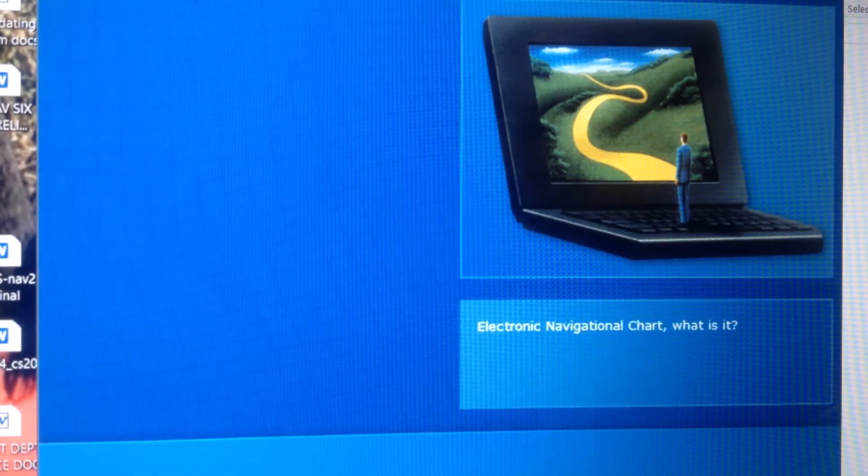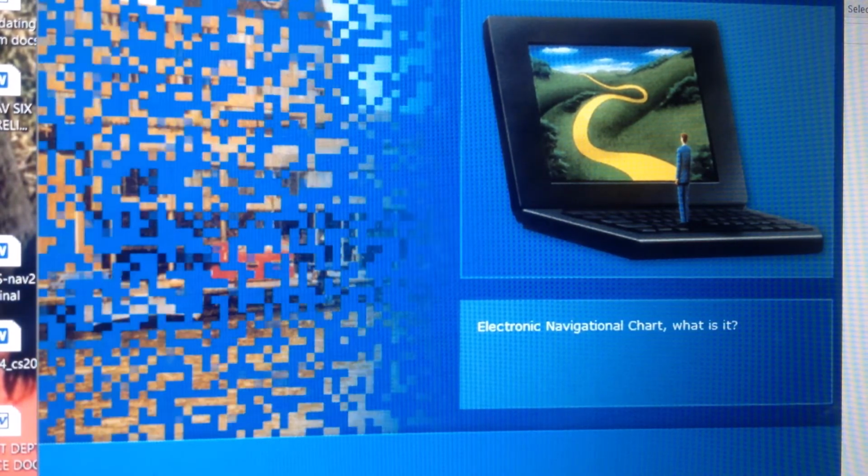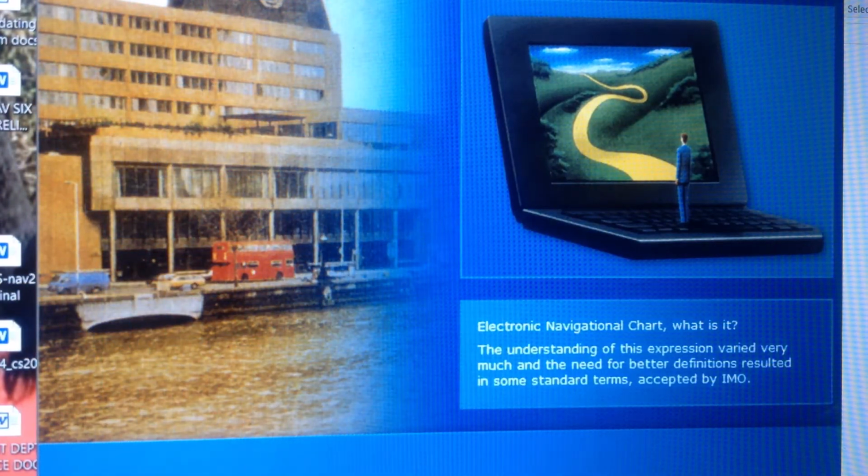An electronic navigational chart. What is it? The understanding of this expression varied very much, and the need for better definitions resulted in some standard terms accepted by IMO.